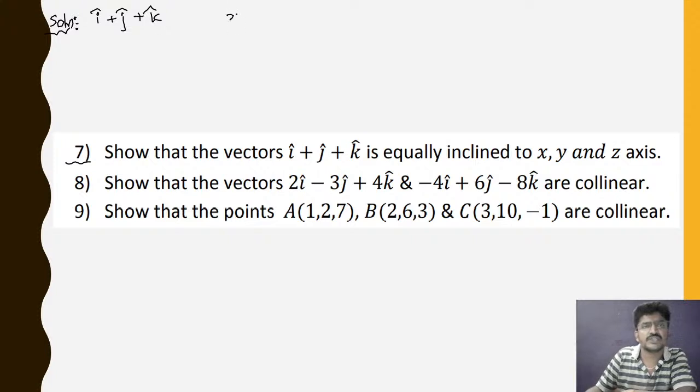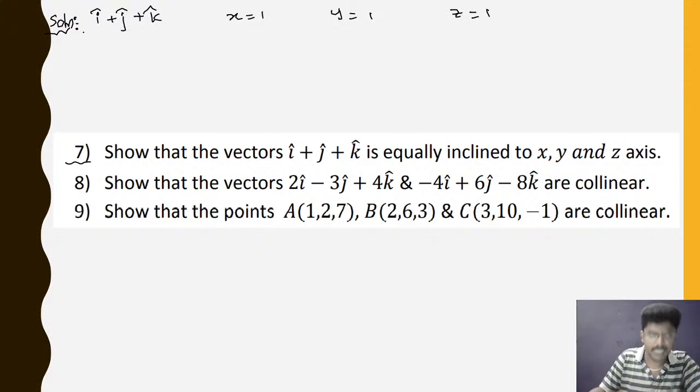So from this x is 1, y is 1, z is 1. X is the coefficient of i cap, y is the coefficient of j cap, z is the coefficient of k cap. Here you can see the coefficient of i cap is 1, coefficient of j cap is 1, coefficient of k cap is 1. So now r, what is r?